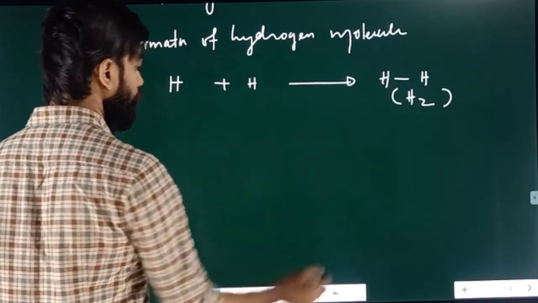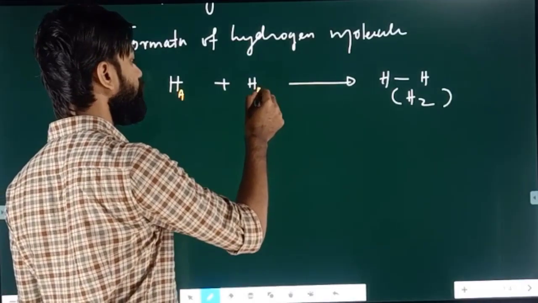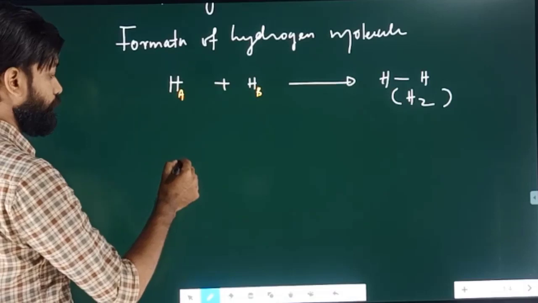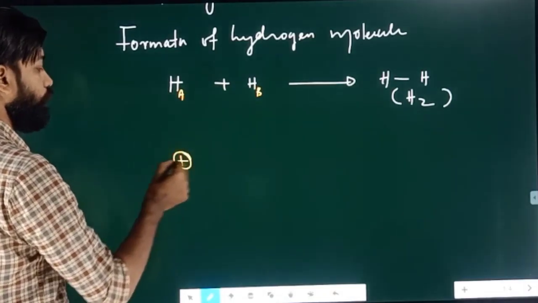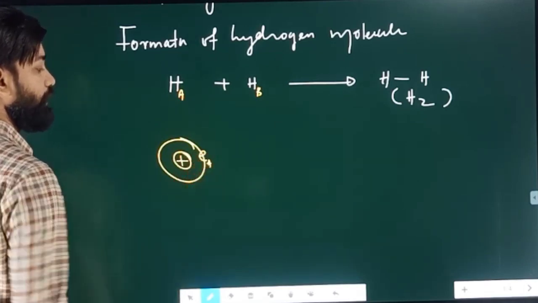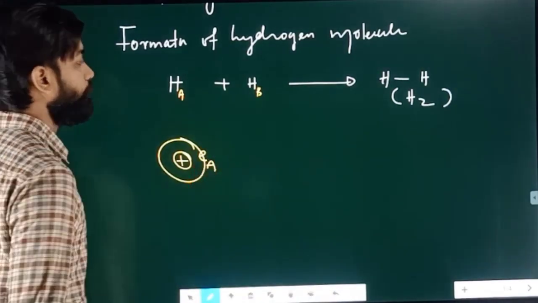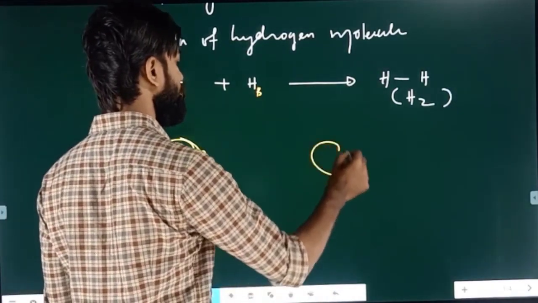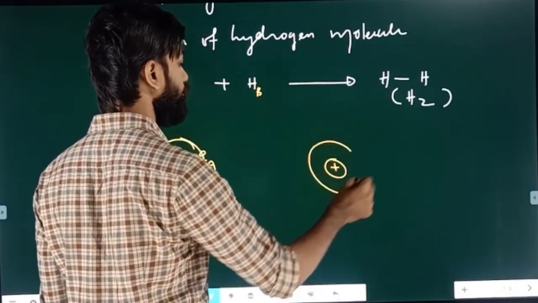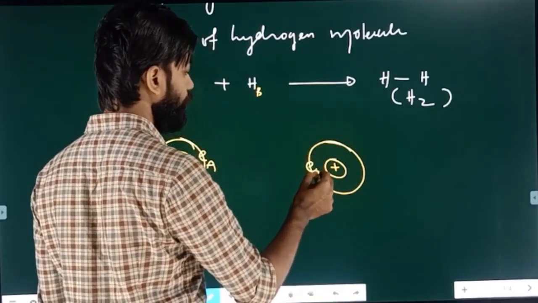Let this be hydrogen A and this be hydrogen B. Consider the two hydrogen atoms: hydrogen with a nucleus of one positive charge and an electron, this being the electron of atom A, EA. Like that, there is hydrogen B with an electron EB.